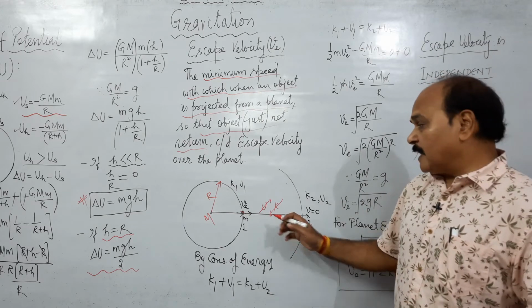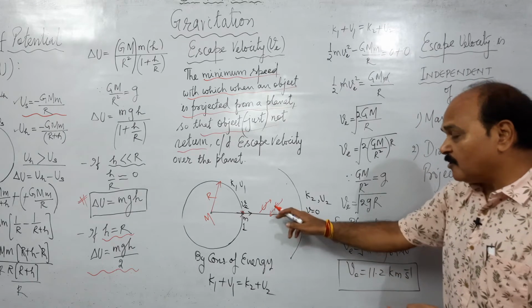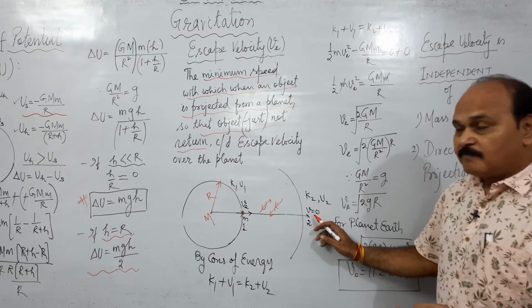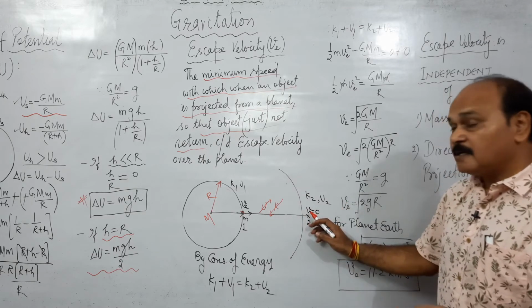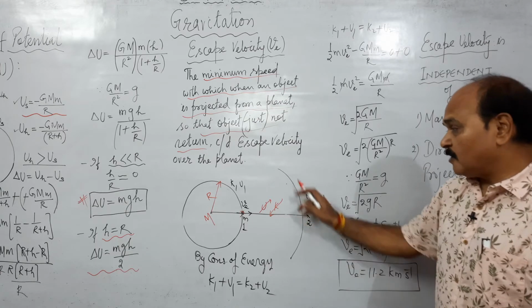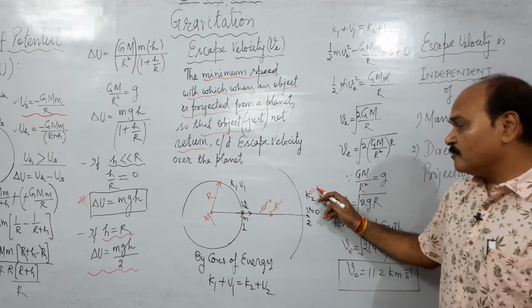But if the kinetic energy decreases and becomes zero when the object just moves out of this boundary, which is the gravitational field, what will happen?